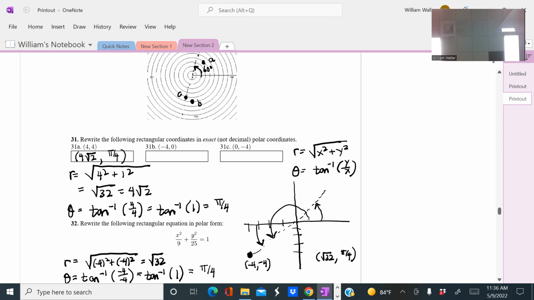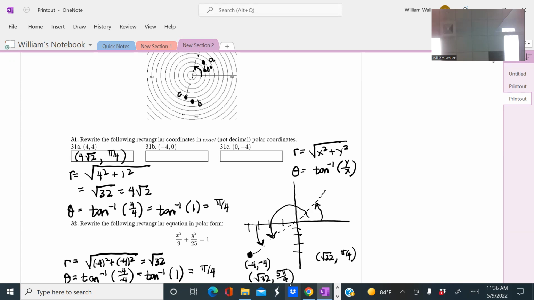Well, let's see. If we go half a rotation, that's pi, and then add on another pi over 4. What's pi plus another pi over 4? I think that's 5 pi over 4, isn't it? Yeah. So the correct point is square root of 32 and not pi over 4, because that's in the wrong quadrant. It's 5 pi over 4.